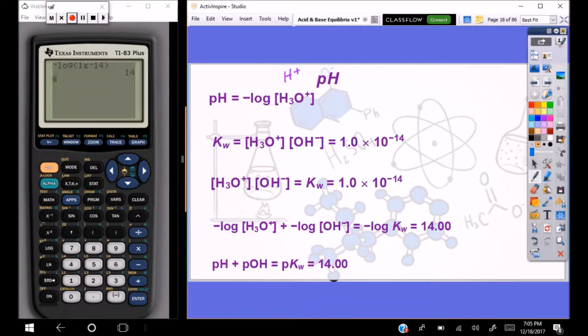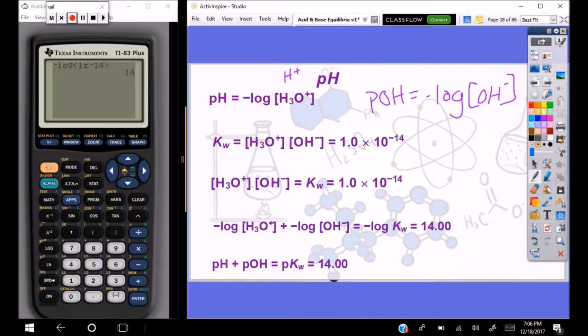Okay. We also know that because of this, if the pH is equal to negative log of H3O plus, then pOH is equal to the same thing. So we've got pOH equals negative log of OH minus. This is the power of hydroxide. If we have pH and pOH and we add them together, we will get a total of 14.